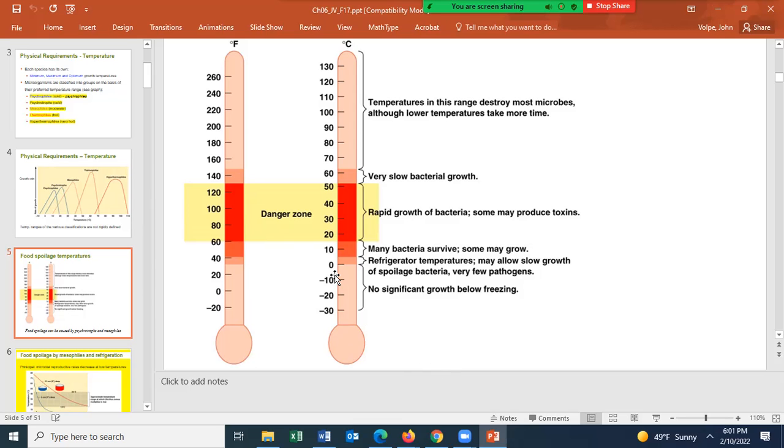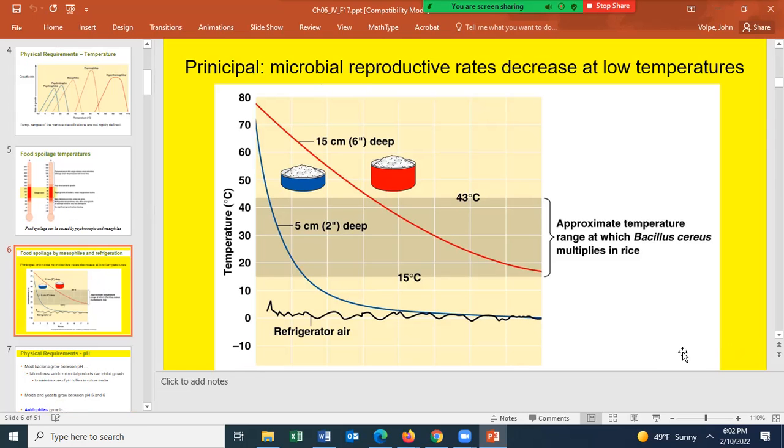At lower temperatures like 0 degrees Celsius, that's 32 degrees Fahrenheit, the bacteria will not grow because the food is frozen. And at very high temperatures, the bacteria that cause spoilage of food cannot grow. Hyperthermophiles can grow, but for some reason, those don't seem to spoil food. I'll talk briefly about that.